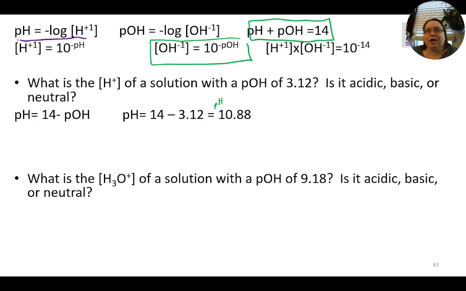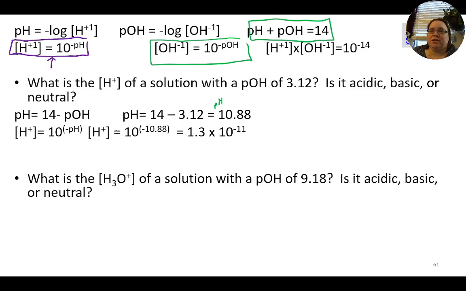So I am trying to find concentrations. That means I have to use this equation here in purple. I'm taking 10 to the negative pH. It is plug and chug. So 10 to the negative 10.88 is 1.3 times 10 to the negative 11.